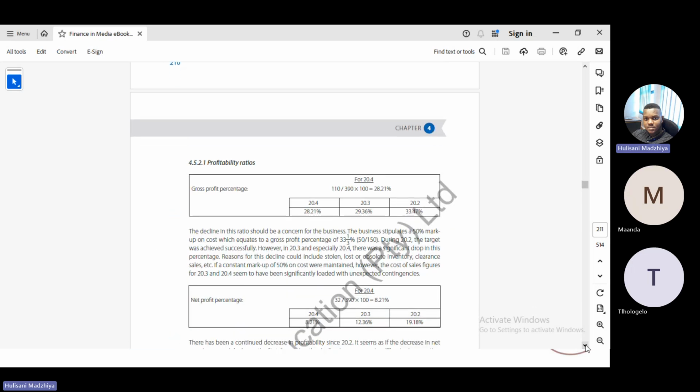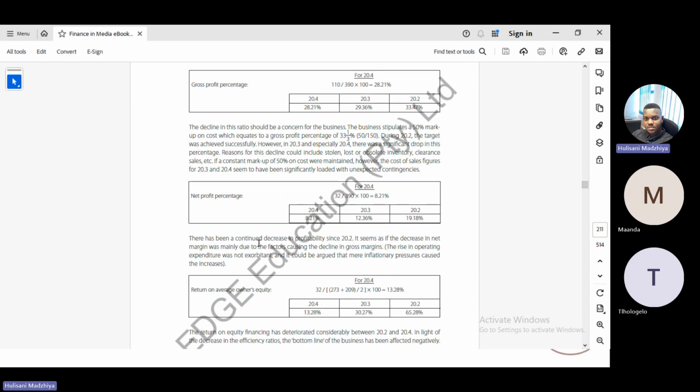So on this one, it says that there has been a continued decrease in profitability since 2.2, as you can see, from 19 to 12% to 8.21. It seems the decrease in net profit margin was due to the factor causing the decline in gross profit, but that is not the case in most cases. There can be a decline in gross profit and a decline in net profit because of one reason.